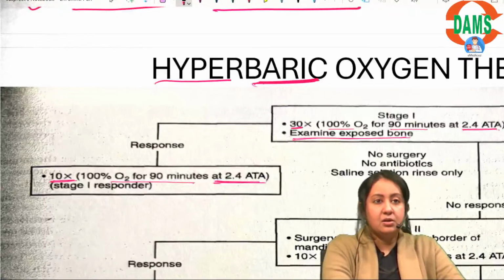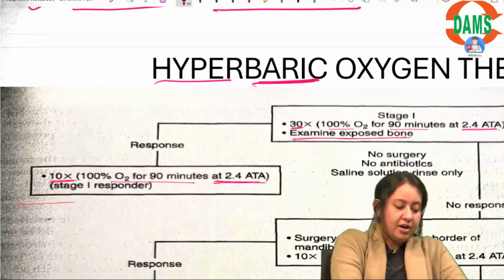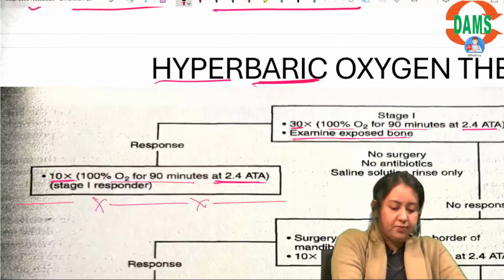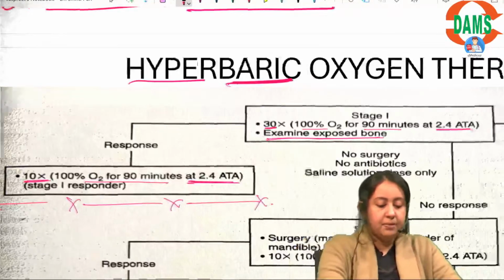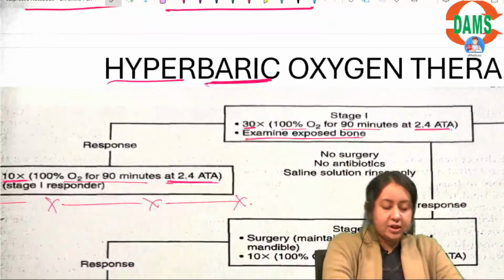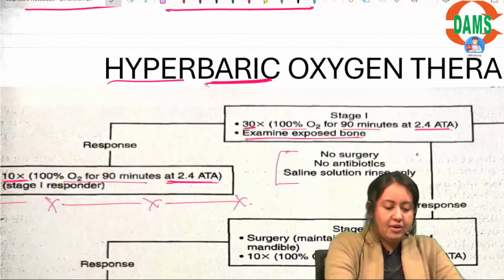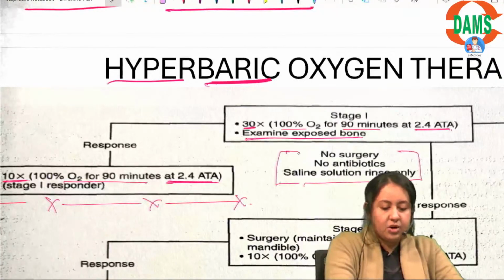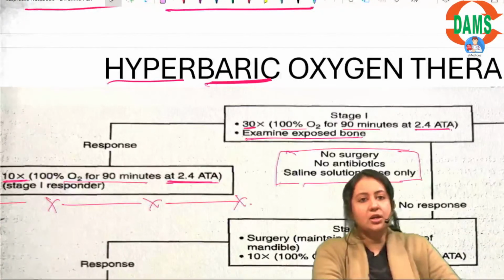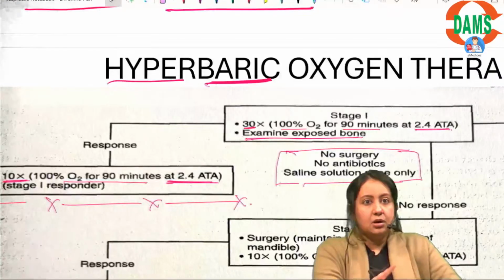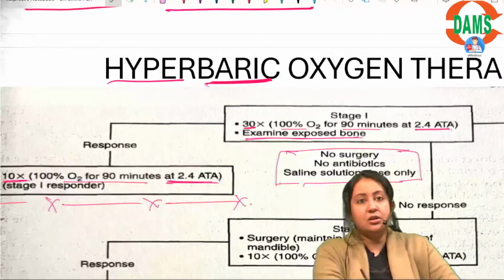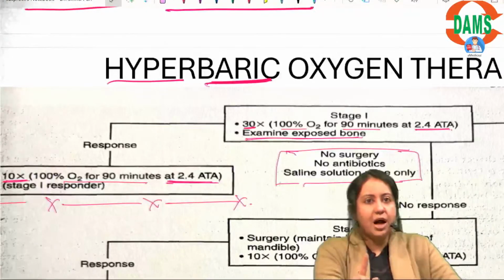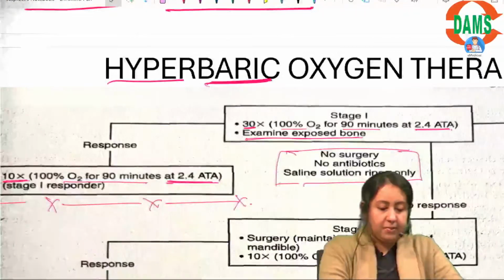That means the patient has responded, and here you end your treatment. So during stage 1 there will be no surgery, no antibiotics, saline rinses only when the patient is undergoing stage 1 of hyperbaric oxygen therapy.